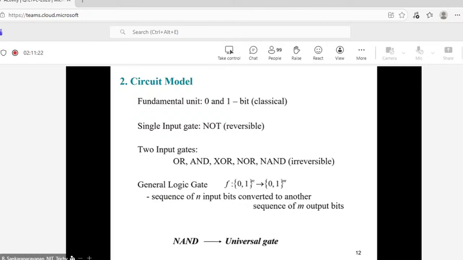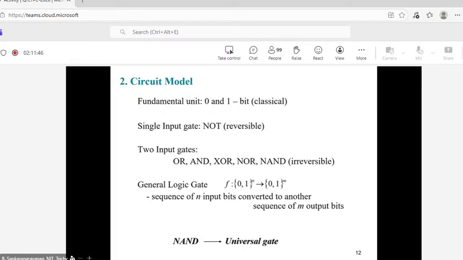Okay. There is a circuit model which says that the fundamental unit in the computation is the bit, which is either 0 or 1. Based on this fundamental unit, you also define the operator or gate. One can have a NOT gate, OR gate, AND gate, XOR, NOR, NAND, and so on.